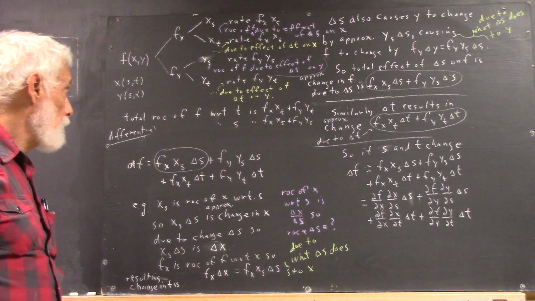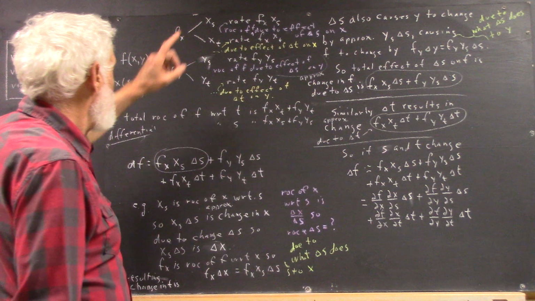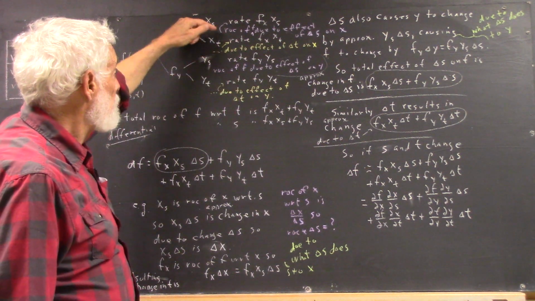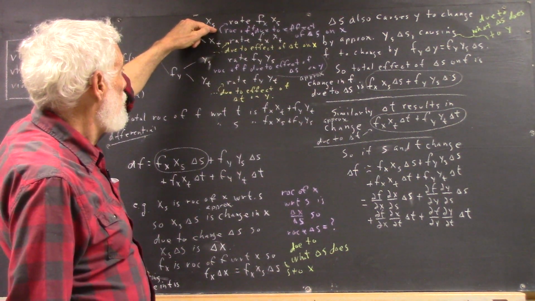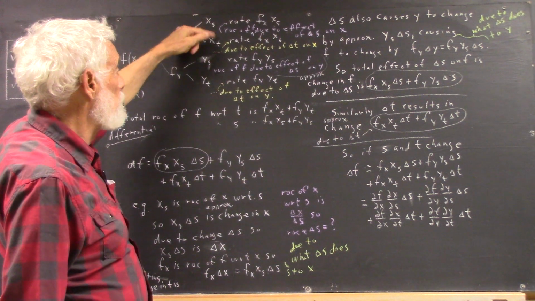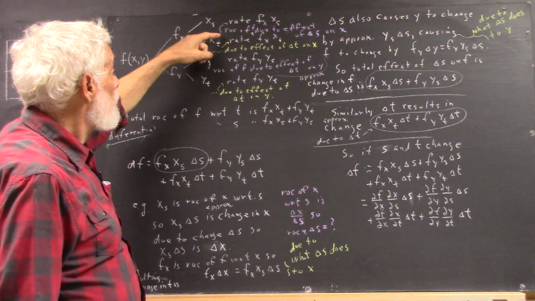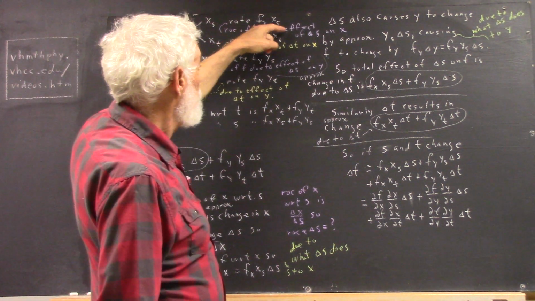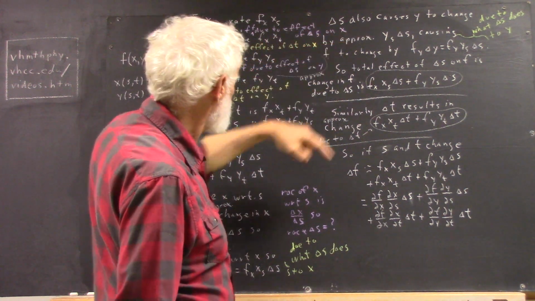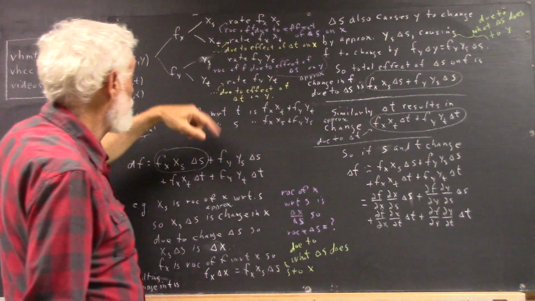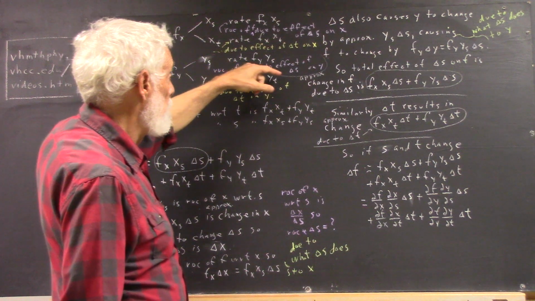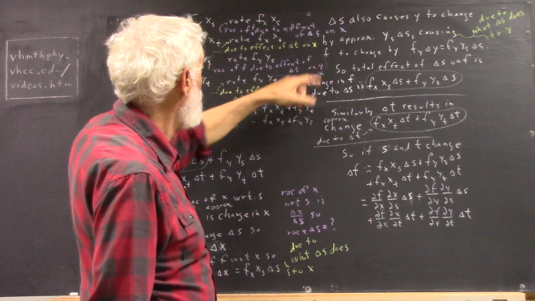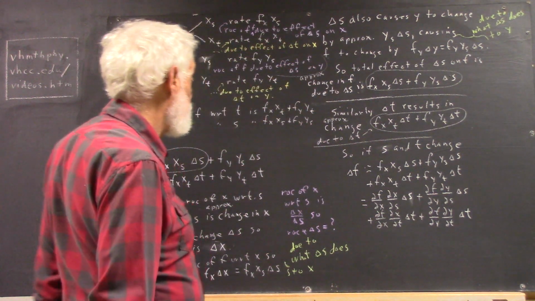Okay, so understanding this, understanding the two descriptions in purple, we see we have the rate of change of f due to the effect of delta s on x, that's fx xs, and the rate of change of f due to the effect of delta s on y, that's fy ys.